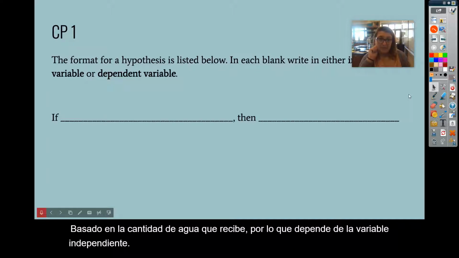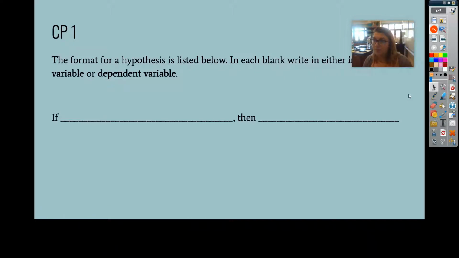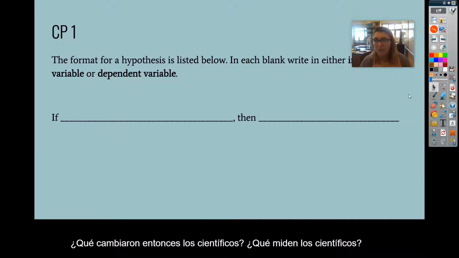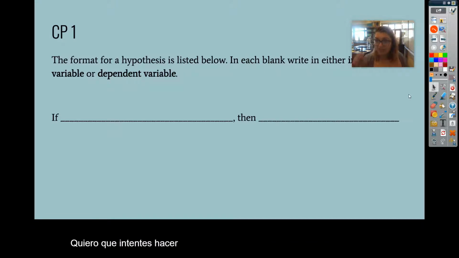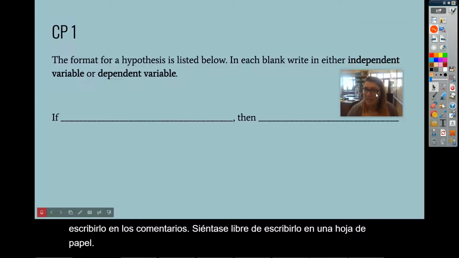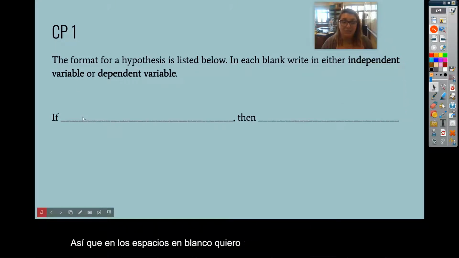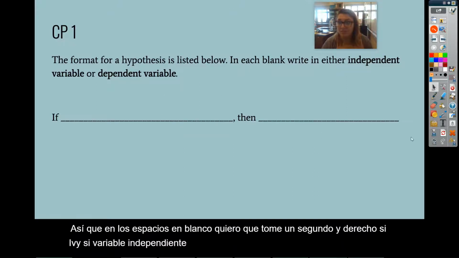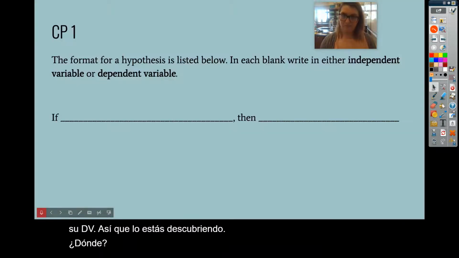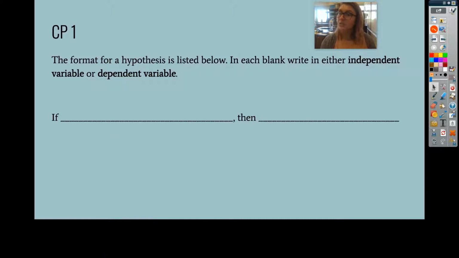The format for a hypothesis is listed below. Remember, if what the scientists change, then what the scientists measure. I want you to try to do this in your head, feel free to write it in the comments, feel free to write it on a piece of paper. So in the blanks, I want you to take a second and write if IV, if independent variable or dependent variable, then IV or DV. So you're figuring out where the IV and DV go into our hypothesis.